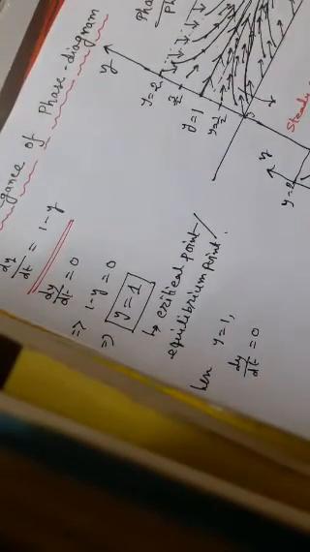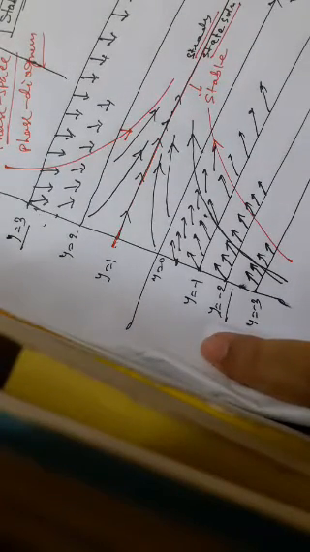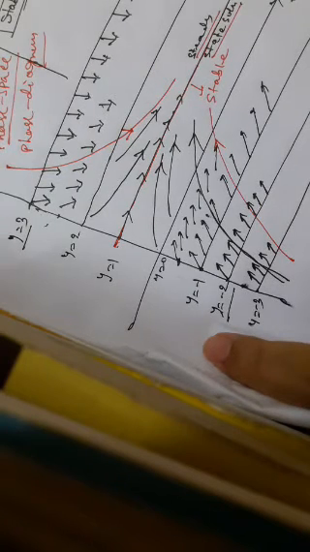Without solving the differential equation, we can visualize the picture of the solution, or the nature of the solution, and through this phase space we can get a clear idea about the solution of the concerned differential equation.